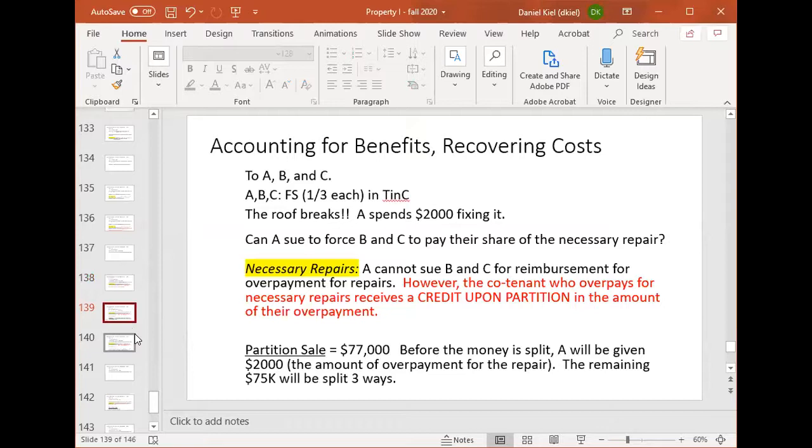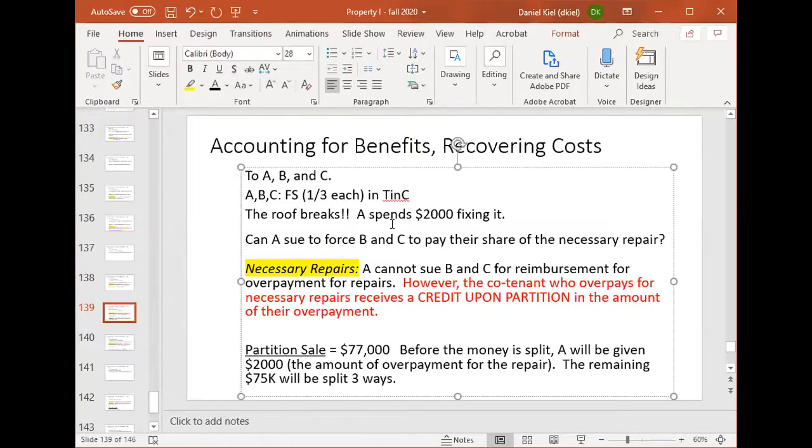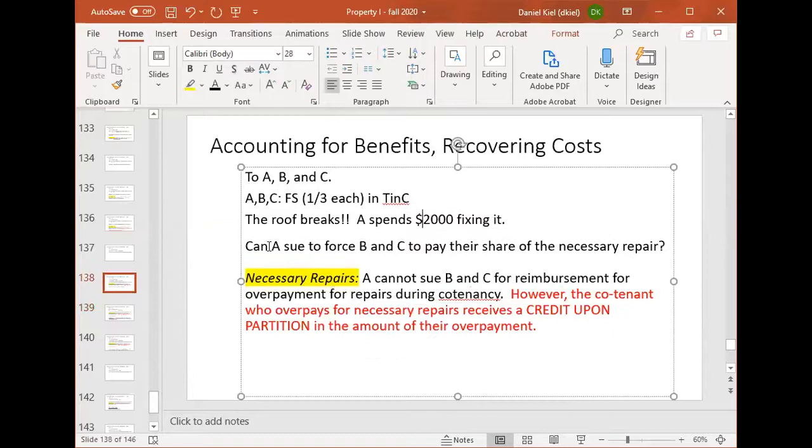Austin Henderson. Why, when the partition sale happens, does A get the full 2,000 rather than it being split evenly with regard to his purchase? Yeah, so maybe it should be 3,000. Maybe that's why I had 3,000 in the beginning. So yeah, this is why I tell y'all not to worry about the math.